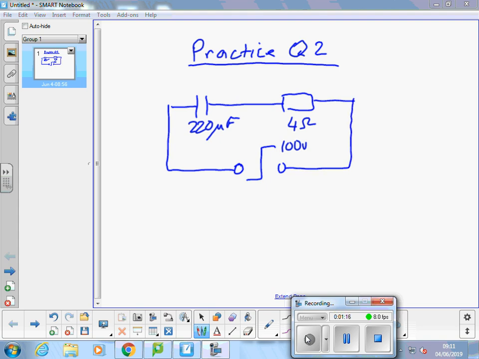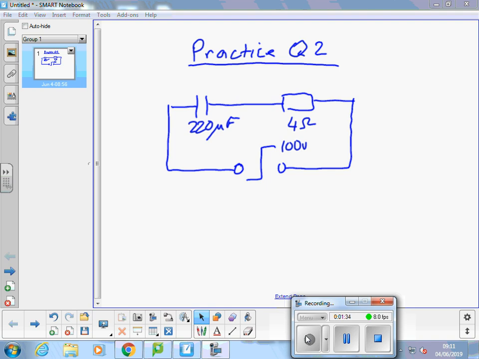Now, the exam question is possibly going to ask you to draw the circuit and label the components with their S-domain impedances.